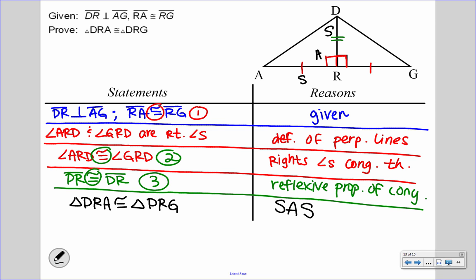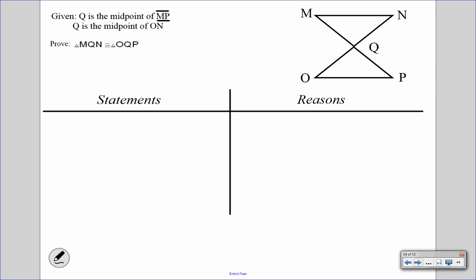All right, I have one more proof to show you. One last one. Okay, first thing we're going to do is we're going to write down our given. Q is the midpoint of MP. And Q is also the midpoint of ON. So we have two midpoints here.